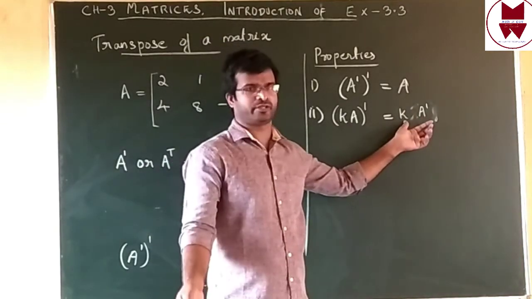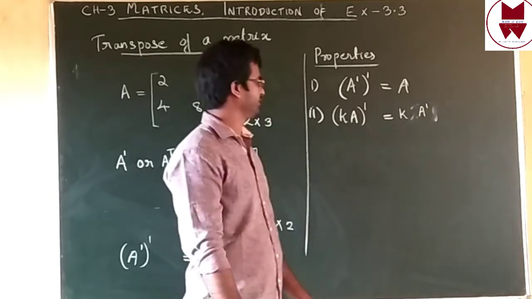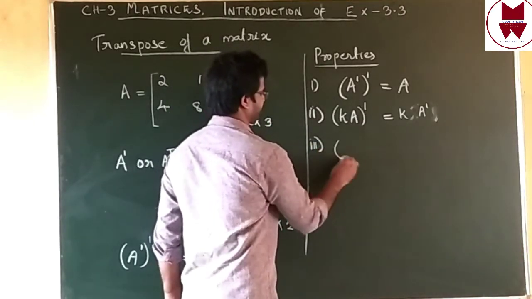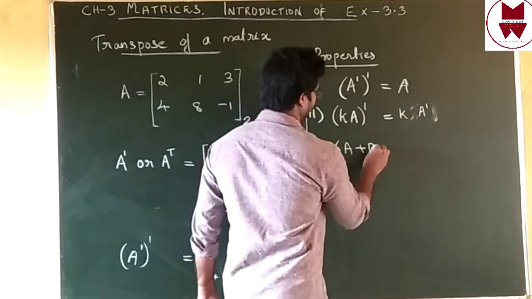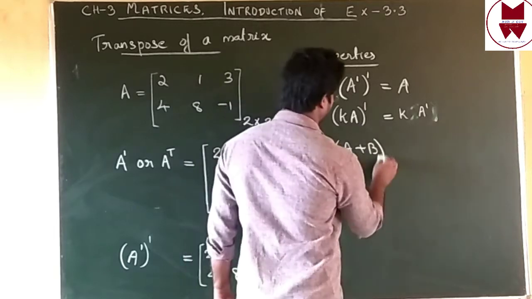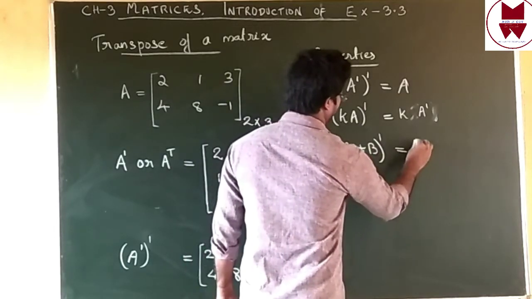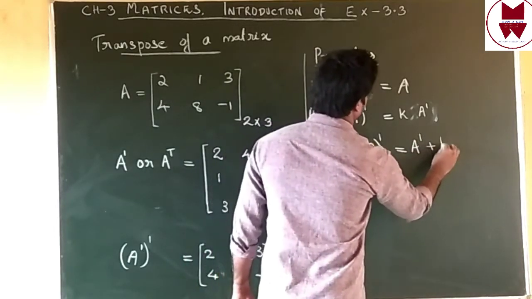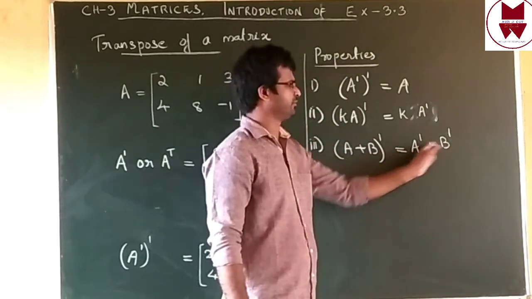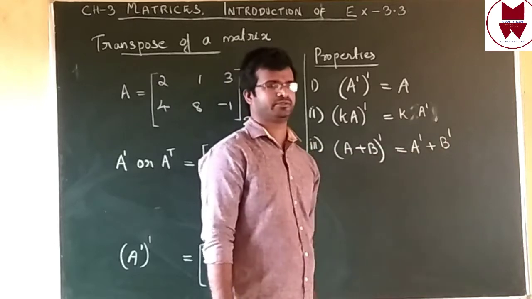The constant does not matter in the case of transpose. This is the second property. Then the third property: A plus B, where A and B are 2 matrices. A plus B transpose equals A transpose plus B transpose. We give the transpose to both sides, A transpose and B transpose.